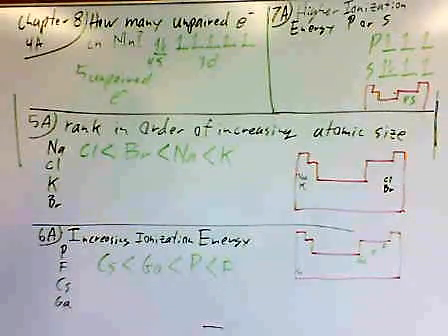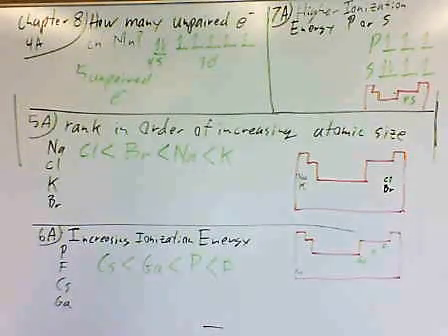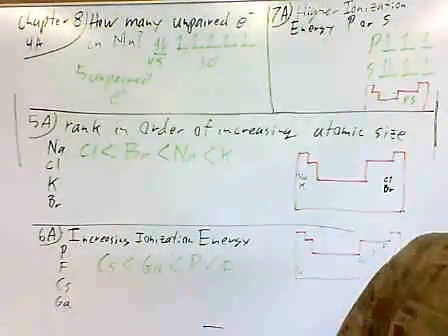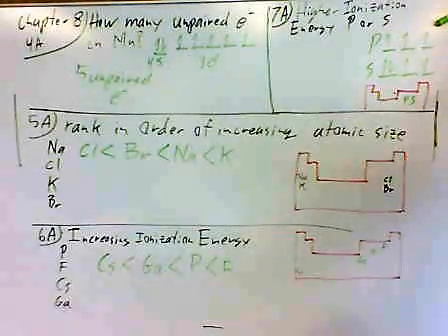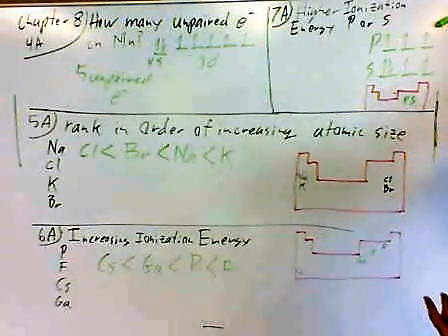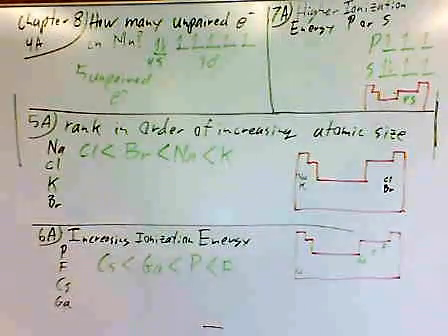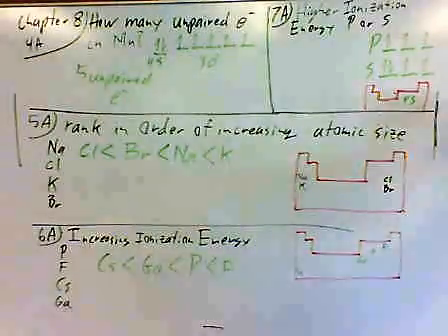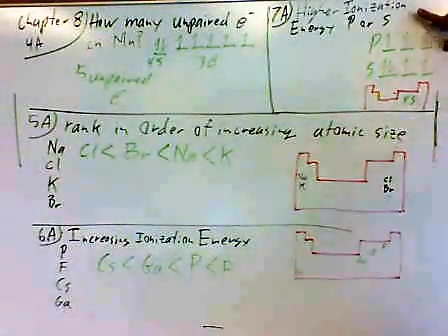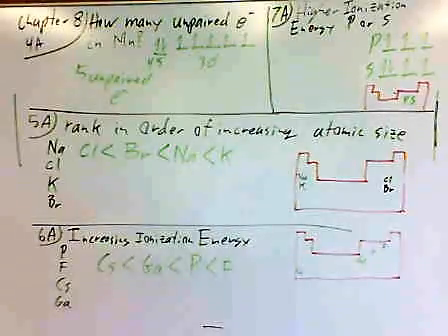So we look at the general trends first, and we look at orbital diagrams next. And when we look at orbital diagrams here, phosphorus has a completely half-filled p sublevel. This is stable. So half-filled or completely filled sublevels have an extra stability to them.